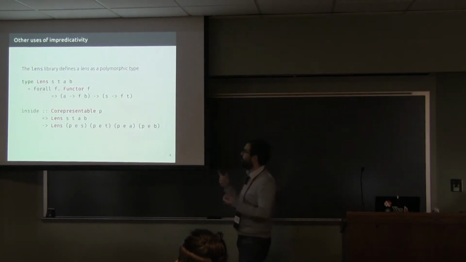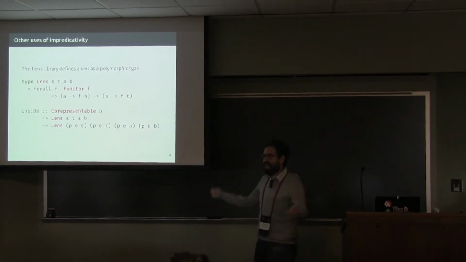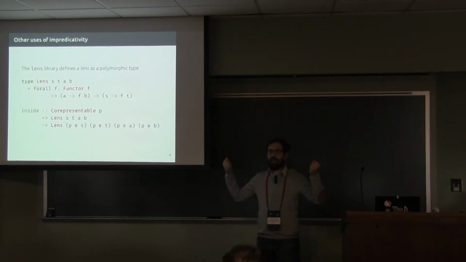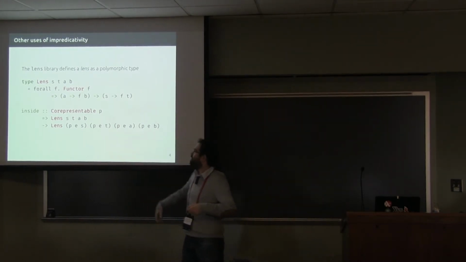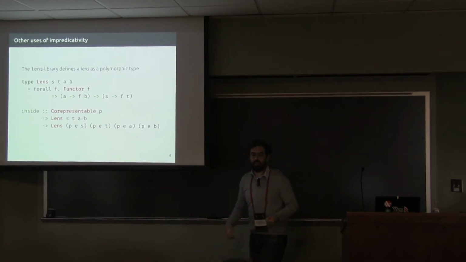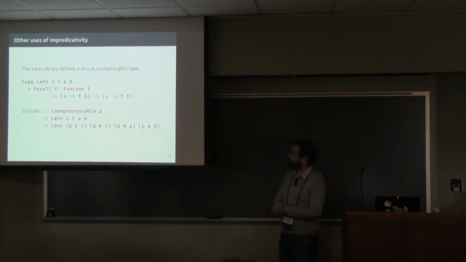For example, you can find this inside function, which essentially says, okay, I have a lens, and now I want to apply this lens into a bigger context, which is represented by this co-representable P. Imagine you have a lens which works over your person things, and then you want this to work on maybe of this person, so you can just say, okay, apply this lens inside this other co-representable functor.